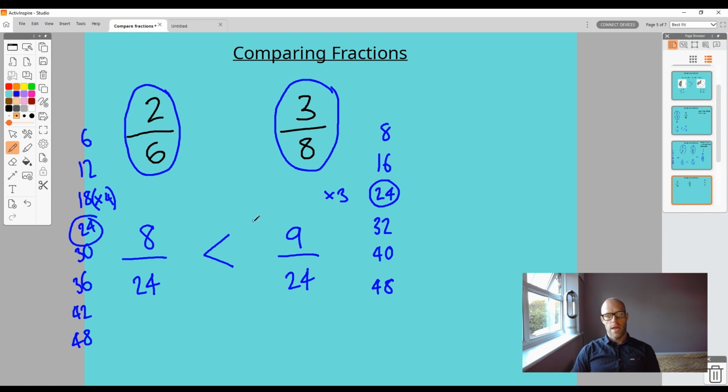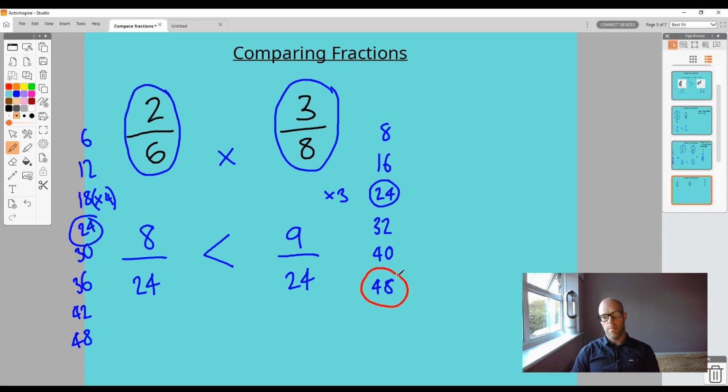That does help. If you are stuck and you want a quicker way of doing it, you can just multiply the denominators together. 6 times 8, and it would get you to 48. But as you can see, if I make this red, otherwise I'm going to have way too many annotations. Just multiply these two together, 6 times 8. Well, we know they're going to be in both the times tables because we're multiplying each other.